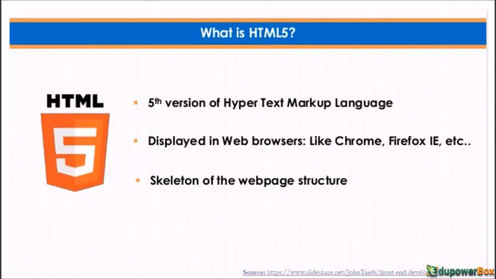HTML5 entered the market around 2012 or thereabouts. And the juicy part is HTML5 is in web. It works on all web browsers, and they don't need to install any other plugins, unlike Flash, where you need to download plugins before it can work. And currently, we no longer use Flash animation on the web.